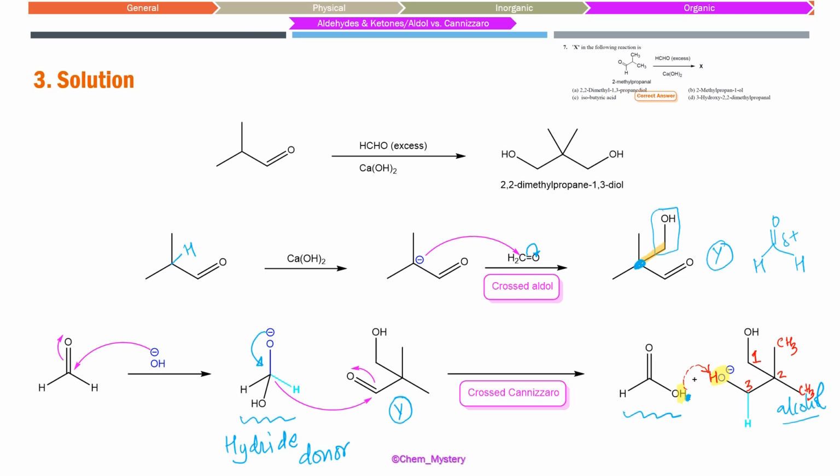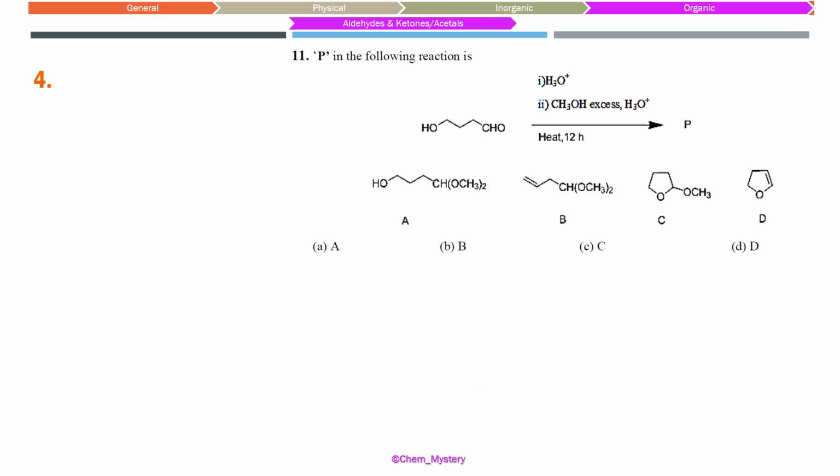Okay, moving on to question number 4. In this question, we are given some hydroxyaldehyde, and we are reacting this compound with acidic medium first, and then we are taking excess of methyl alcohol in presence of acidic medium basically.